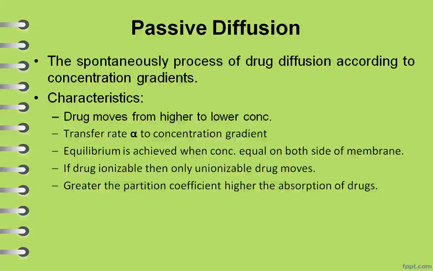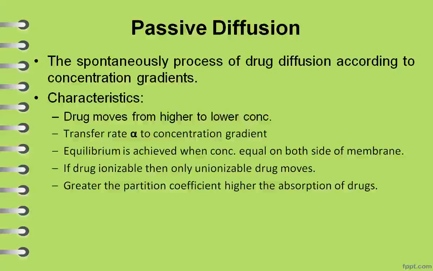First one is the passive diffusion. Passive diffusion is the spontaneous process of drug diffusion according to the concentration gradient. The characteristics of passive diffusion are: first, drug moves from higher to lower concentration. The transfer rate is directly proportional to the concentration gradient.